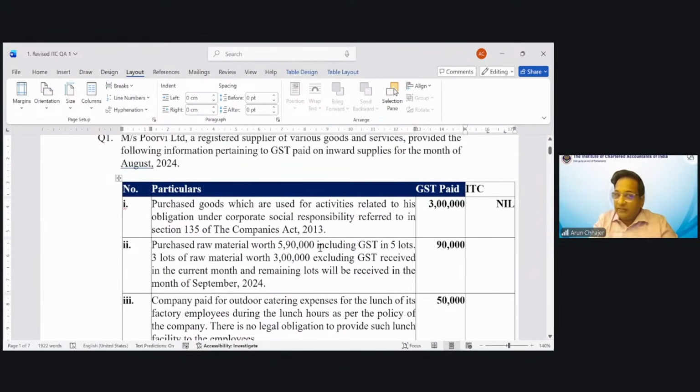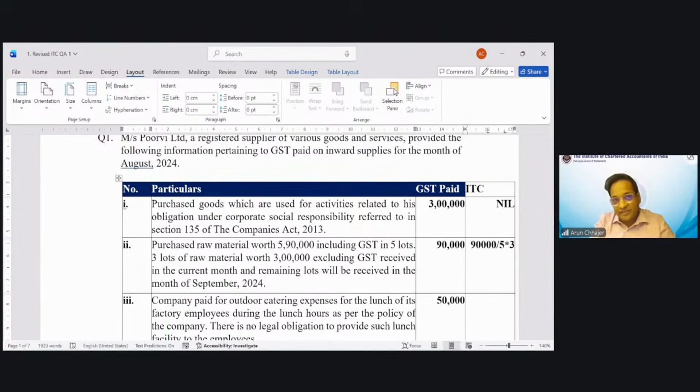Purchase of raw material worth ₹590 including GST, in 5 lots. 3 lots of raw material worth ₹3 lakh excluding GST were received in the current month, and the remaining lot will be received in September, the next month. Now, what ITC will I be eligible for? 90,000 by 5 into 3.